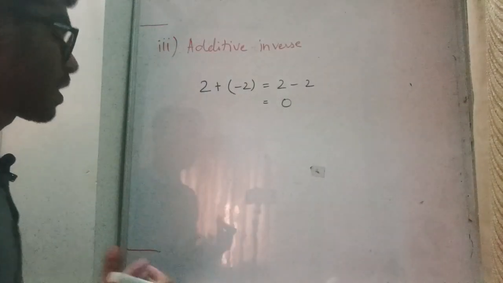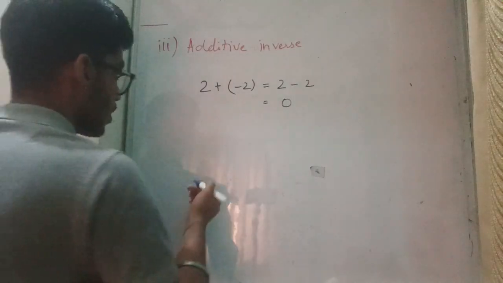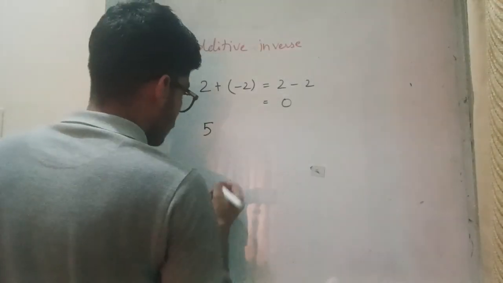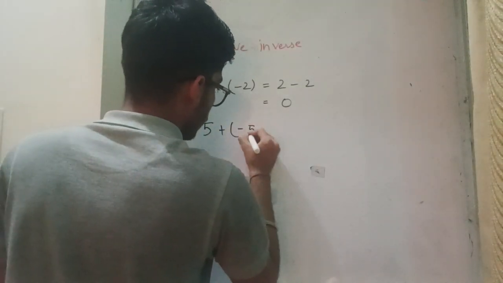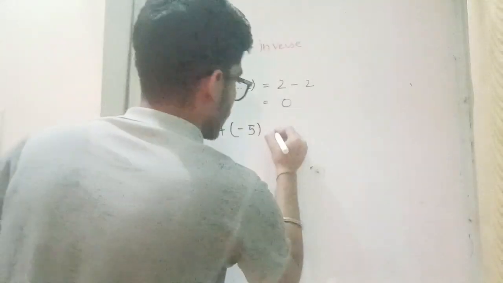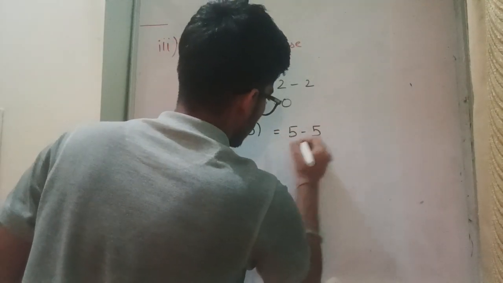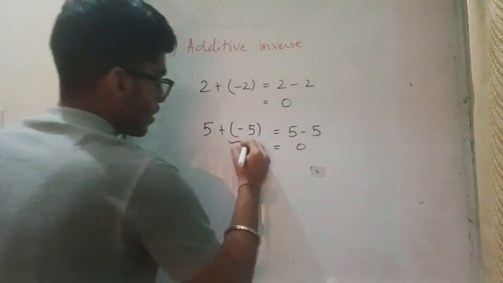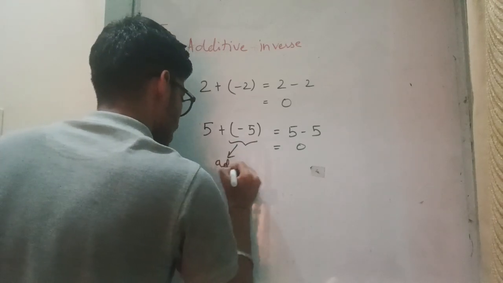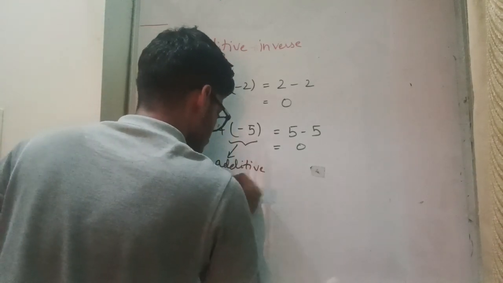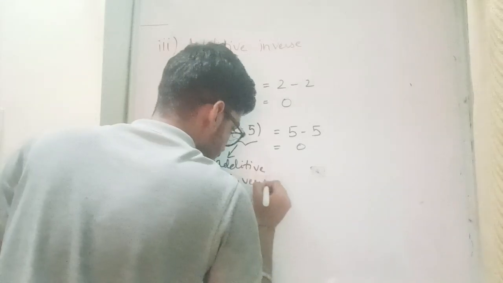So that is an additive inverse, right? Similarly, if I have 5, I add the negative of 5 to 5, I get 5 minus 5, which is 0. So this negative 5 is my additive inverse.